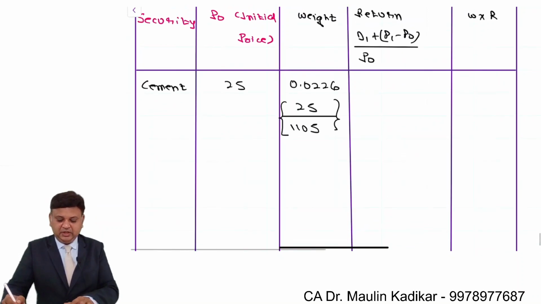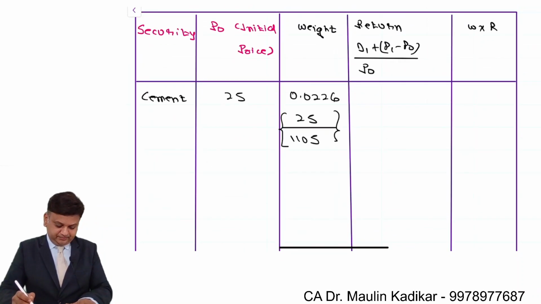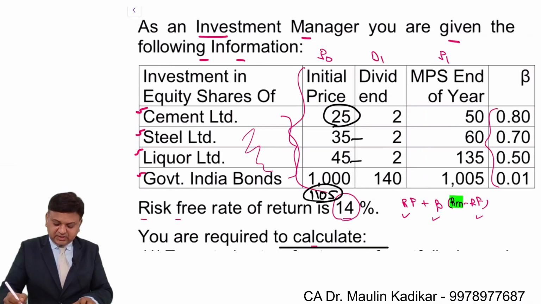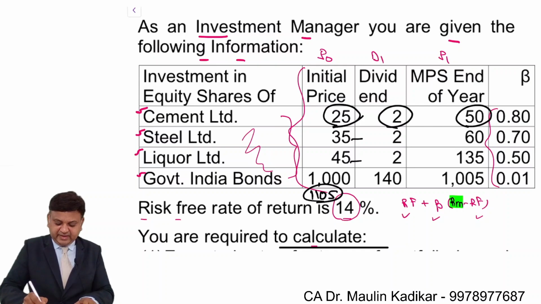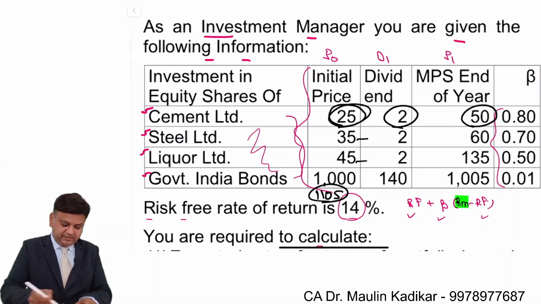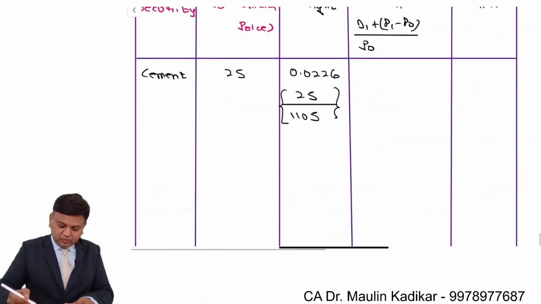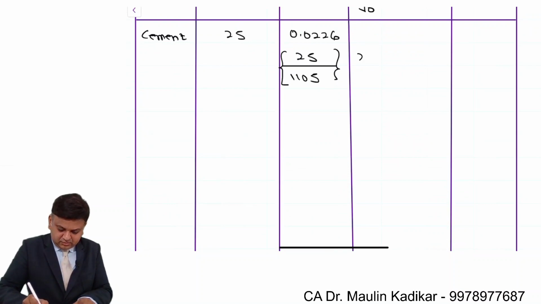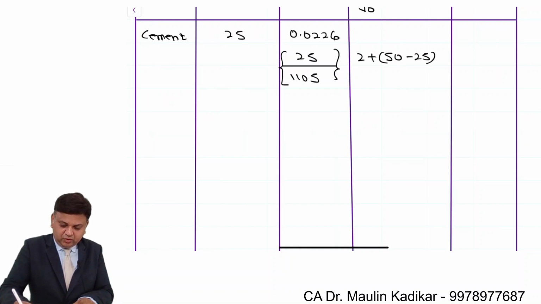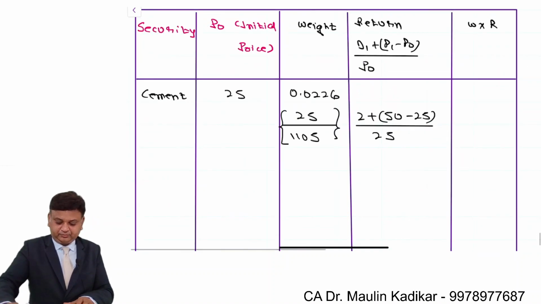Okay. Multiplying with the respective return. As far as the return is concerned, 2 rupees is the dividend. P1 minus P0. So 2 rupees is the dividend. P1 is 15 minus P0 is 25 whole divided by P0 25 into 100 for getting answer in percentage term.